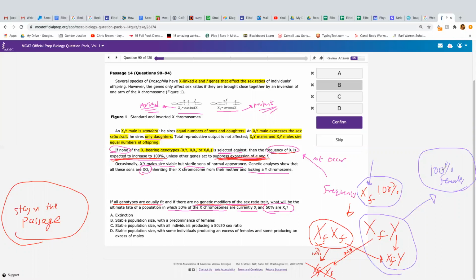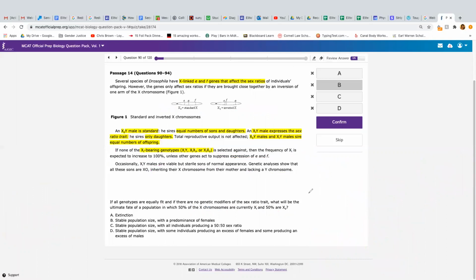Now, if you haven't picked up on it, the female cannot produce a male on their own. They need the Y from the man. So we're essentially talking about a society that's eventually going to get to a 100% female society. Why is that?